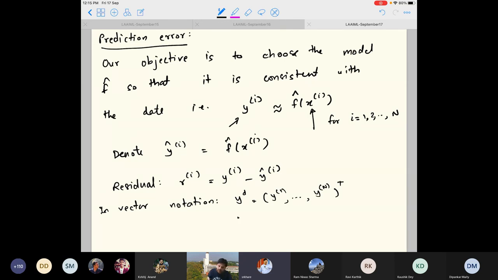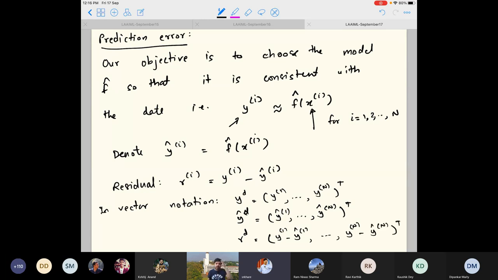Then y hat d is equal to y hat 1 up to y hat n, so it is this vector. And rd, the residual, is basically y1 minus y hat 1, and so on, up to yn minus y hat n, this vector, right?